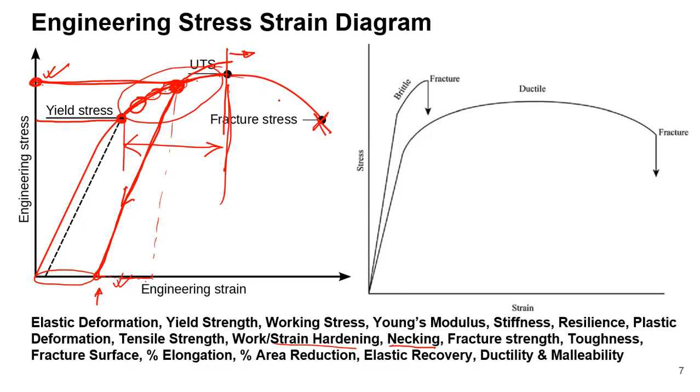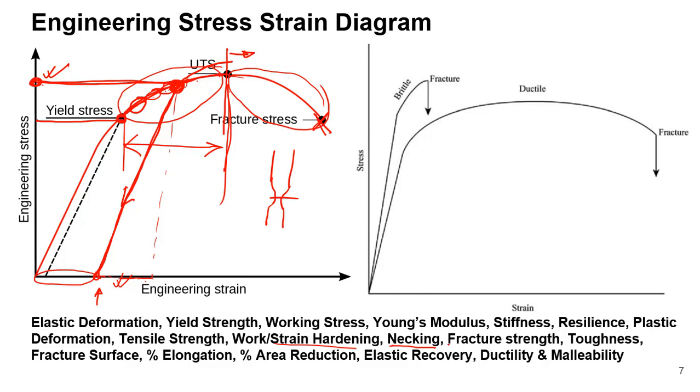During that, you have seen that a neck formation starts in a particular portion, and finally it fractures. So this part is the necking. Necking is a portion where the cross-sectional area is decreasing drastically.